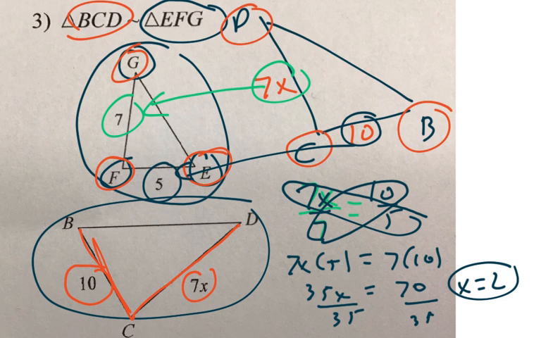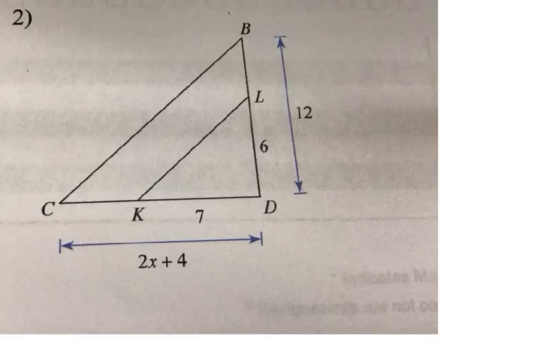So, what have you learned so far, hopefully, is the name can't lie. We redraw one of the triangles to match up the other triangle exactly in the same order, and then you can't go wrong. You match up what we call corresponding sides. Okay. Now, what happens when you have a triangle inside a triangle?